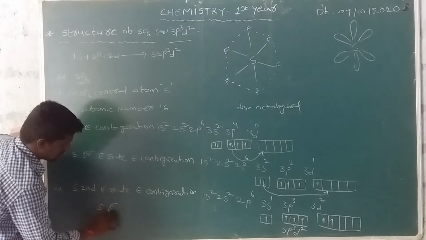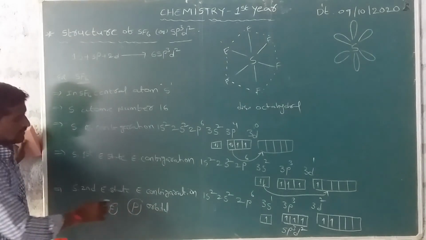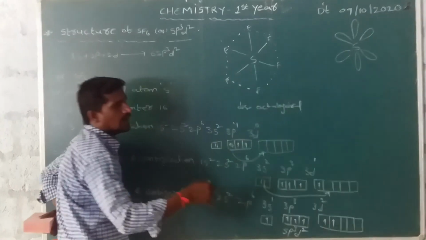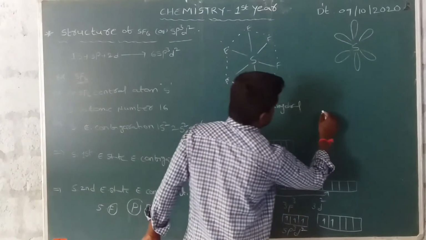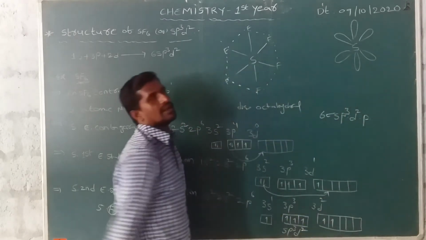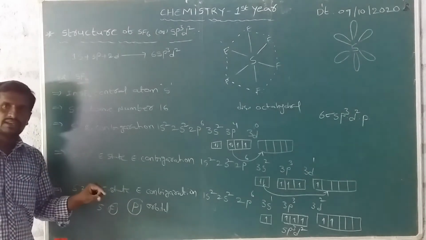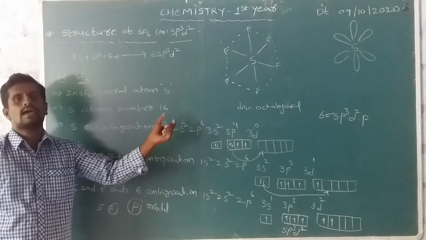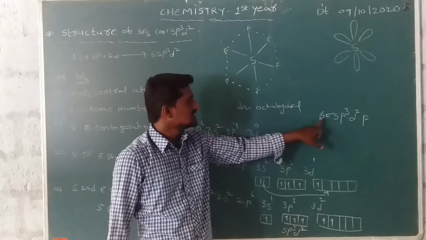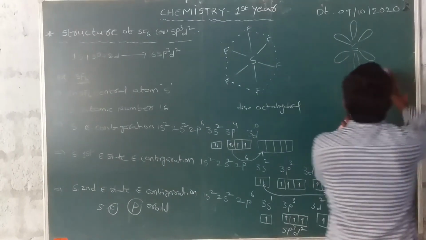The p orbitals of fluorine overlap with the 6 sp3d2 hybridized orbitals to form 6 sigma sp3d2-p bonds. In the fluorine p orbitals, electrons overlap with the 6 sp3d2 hybridized orbitals to form 6 sigma bonds. This is the orbital structure.